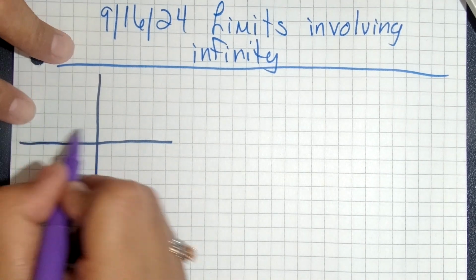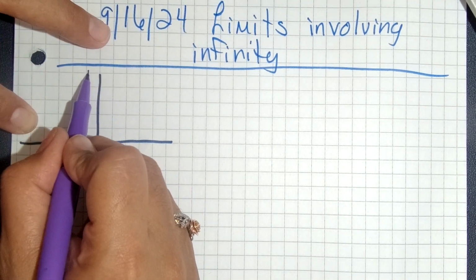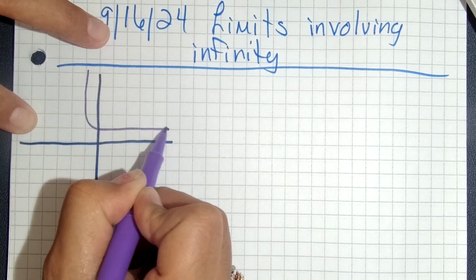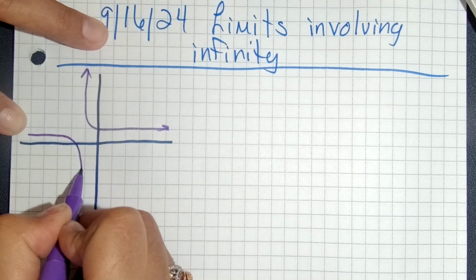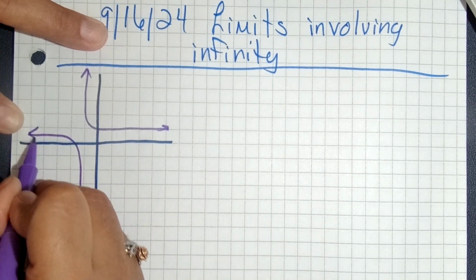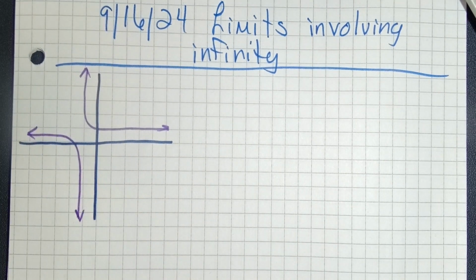So I'm just going to draw this way and this way, okay? This is what we call a rational function. That means that this function will have a polynomial in the numerator and denominator, okay? Polynomials, you know, is just an expression where they have degrees of 2 or higher.